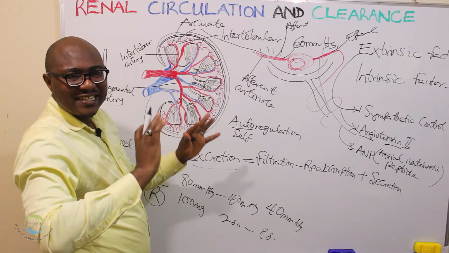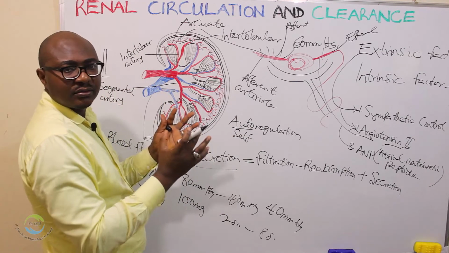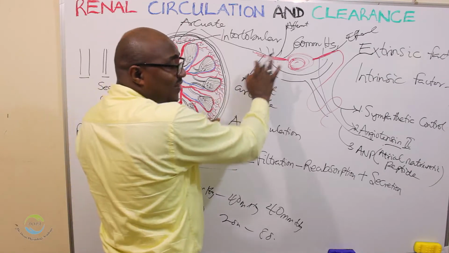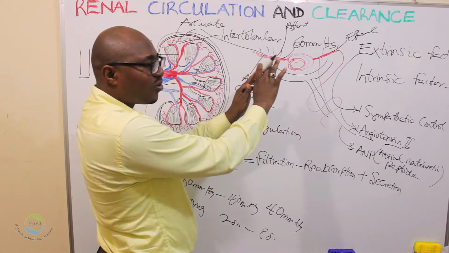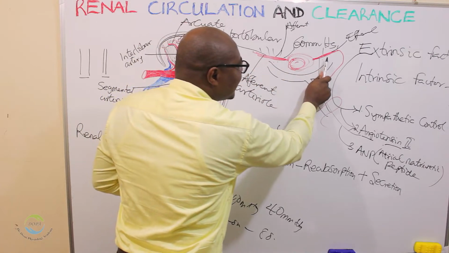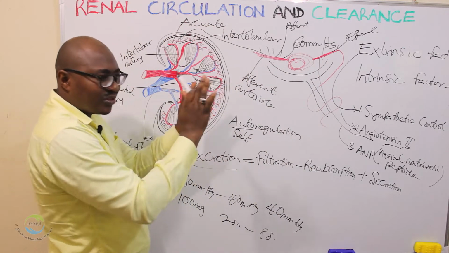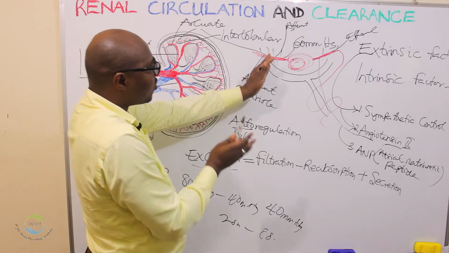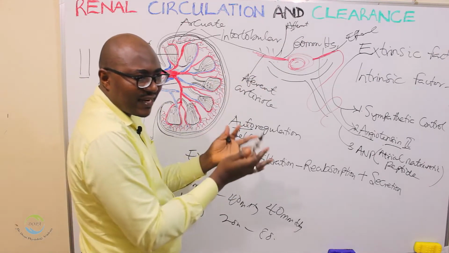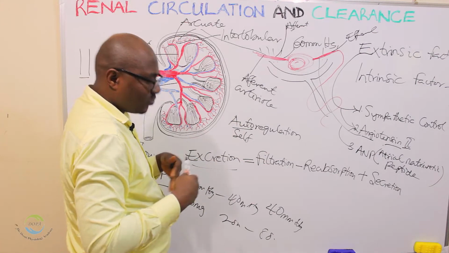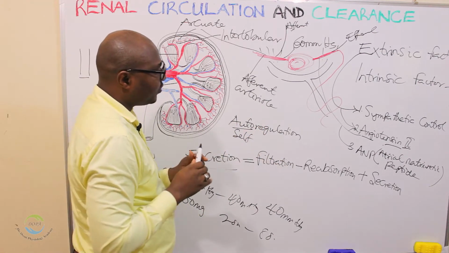Okay? But the dilatory effect on the afferent is more than the constrictor effect on this efferent. So what does it do overall? Because this one is more than this, the overall effect is that it dilates and increases renal blood flow.